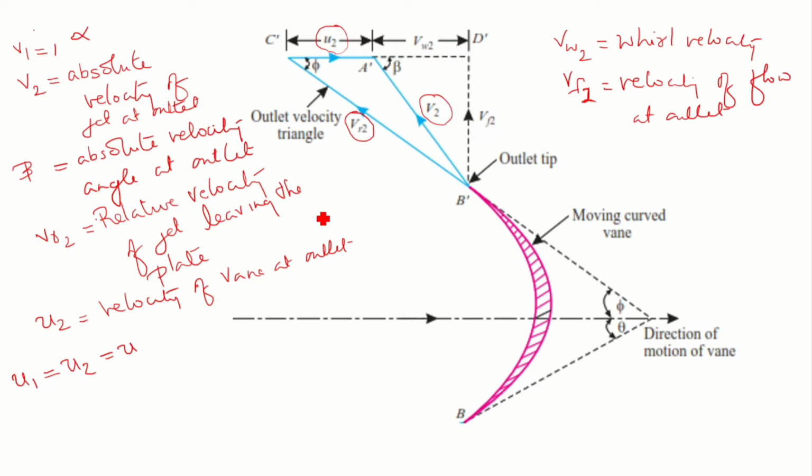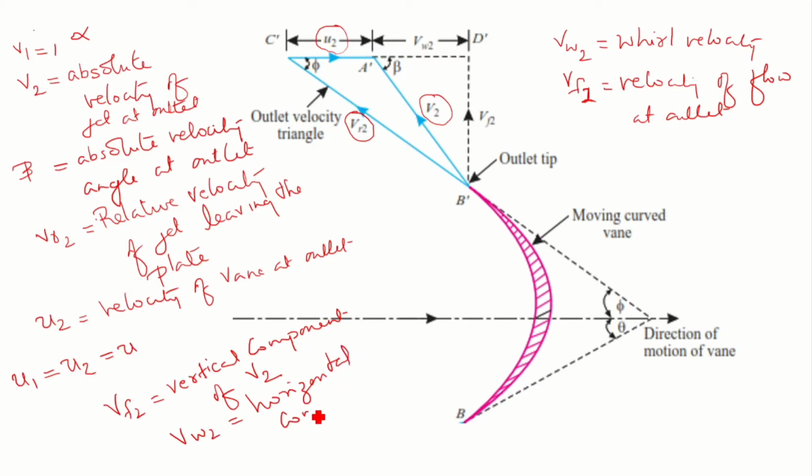So these are the two terms: Vf2 is the vertical component of absolute velocity V2, and Vw2 is the horizontal component of V2.